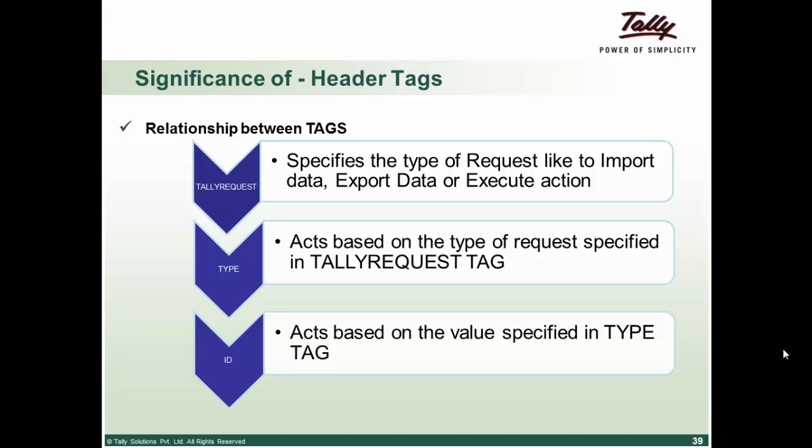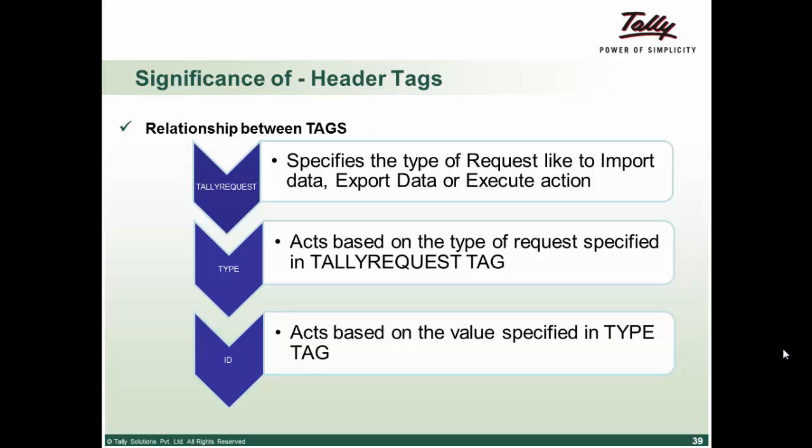So the entire dependency of the further execution of the tags is on the Tally request. The value specified at the Tally request tag is what the type tag will act on, and based on what is specified at the type, the ID tag will act upon.